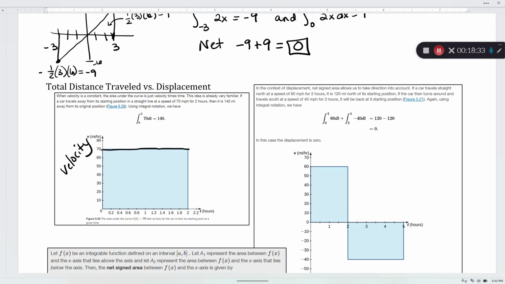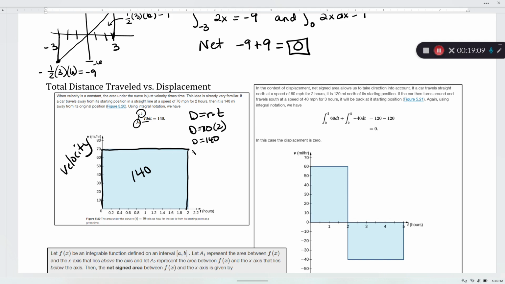Now, check this out. If you are going for 2 hours at 70 miles an hour, you have gone 140 miles. If you look at this picture, you will see a rectangle, so area under the curve is distance traveled. You went 70 for 2 hours.